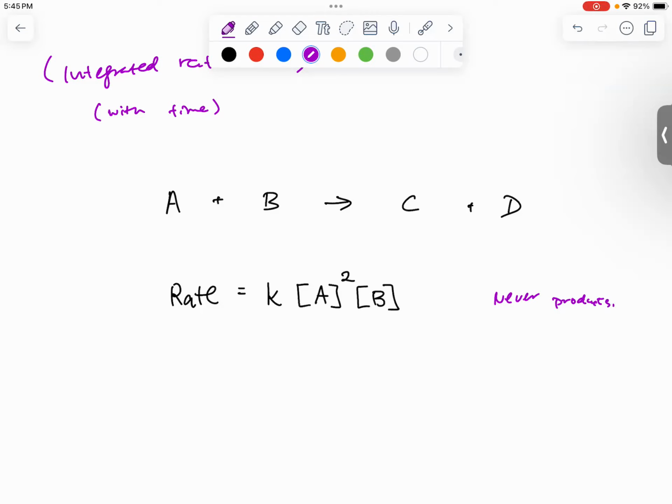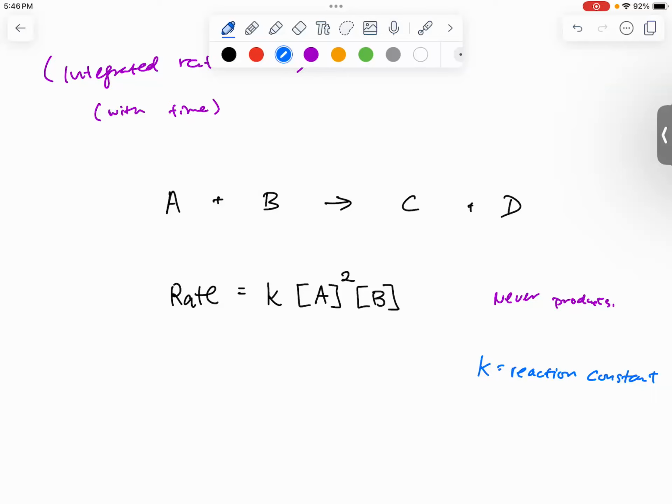K is what we call the reaction constant. This little K thing is a little bit mysterious. Let me also introduce a couple of simple words that I want to clarify before you get confused.